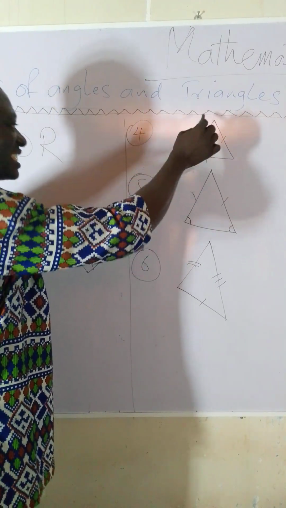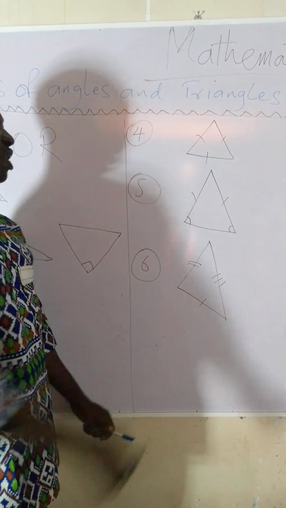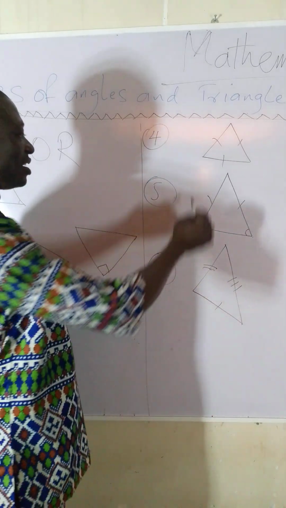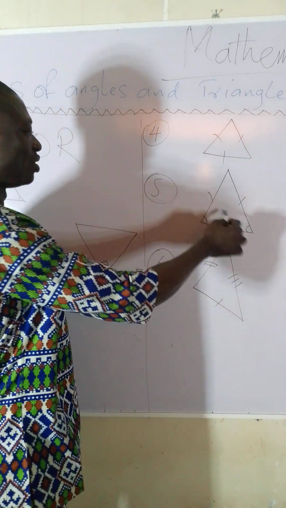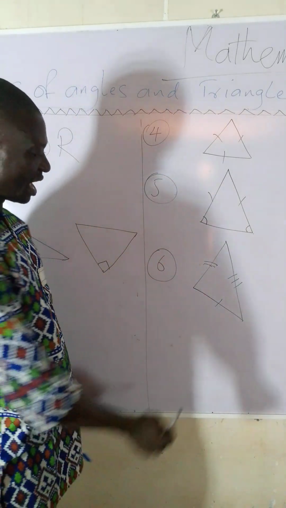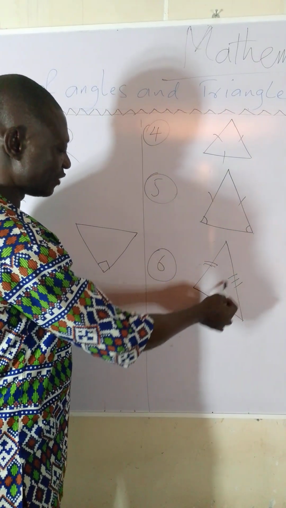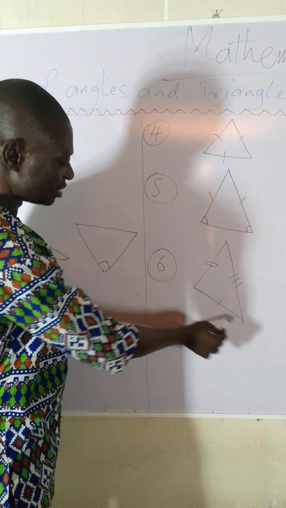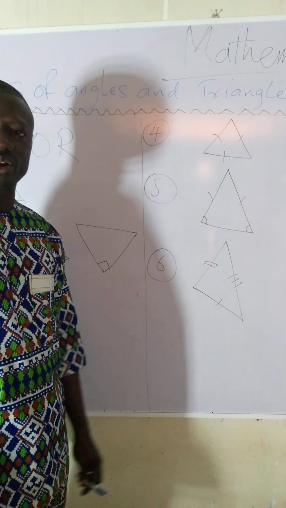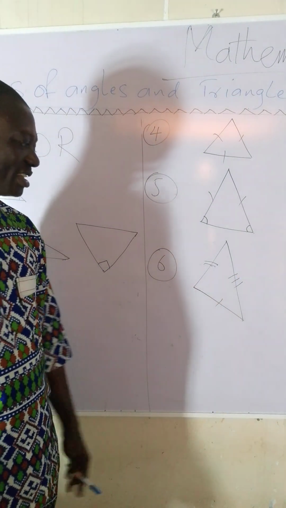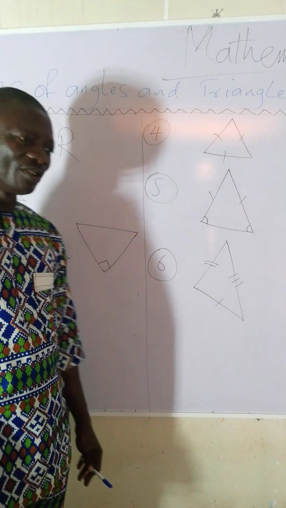The same single stroke on the lines shows you all the sides are equal. The same stroke on only two lines of the triangle shows us that only the two sides are equal. And different strokes on the lines of the triangle show us that there is no side that is equal to the other, and it's called scalene triangle.